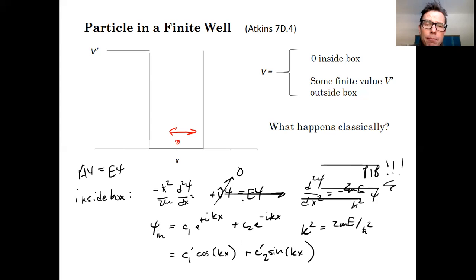Now recall that in a particle in a box, we said that the wave function had to go to 0 at the edges because the potential was infinite. That is not true here. We cannot eliminate these constants by requiring the wave function to go to 0 at the edges because the potential is finite.